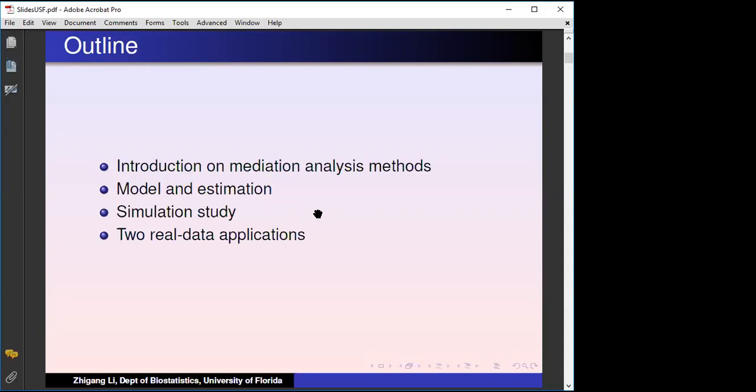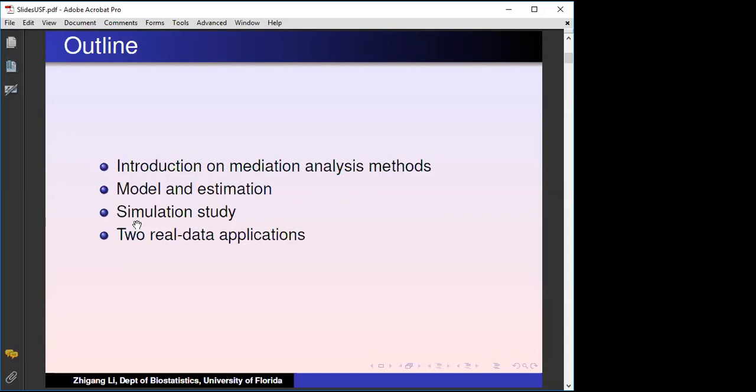Since I'm a statistician, at least some of the slides will be very statistical to some of you. For example, the model construction, estimation, and the simulation study. But at the end, there will be two real data applications, and those will be straightforward to understand.